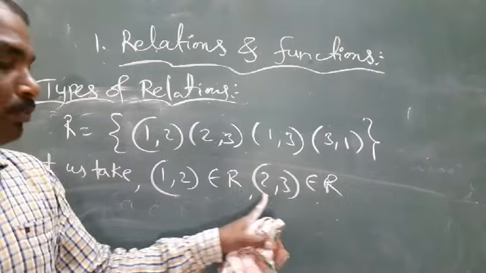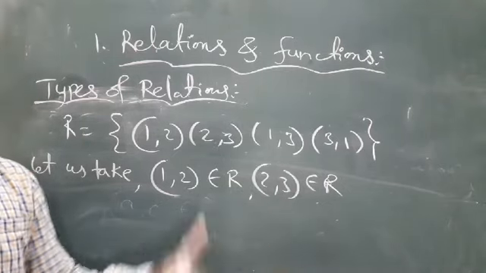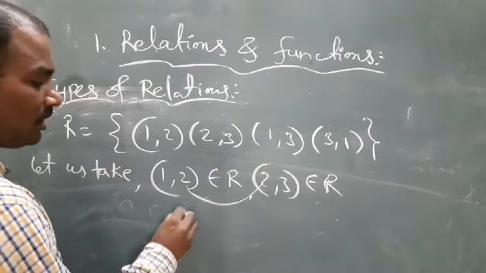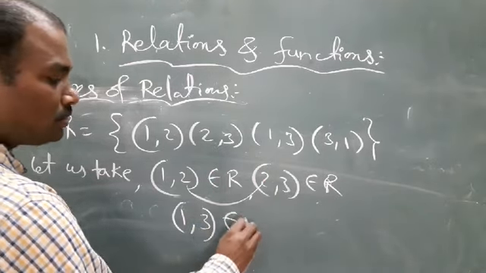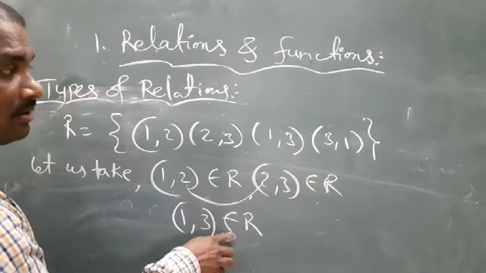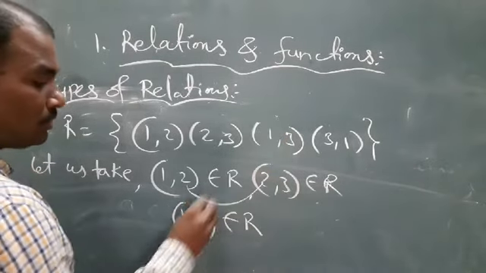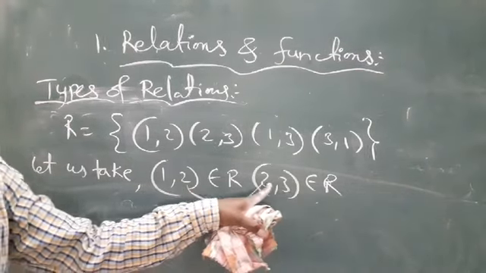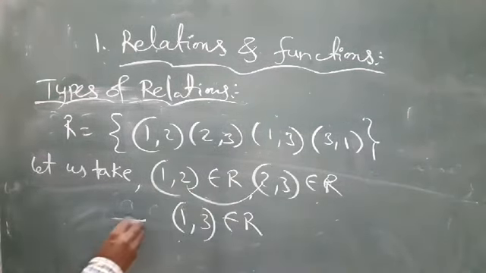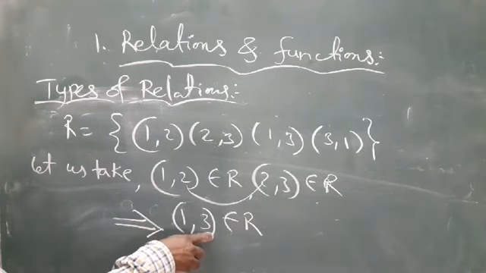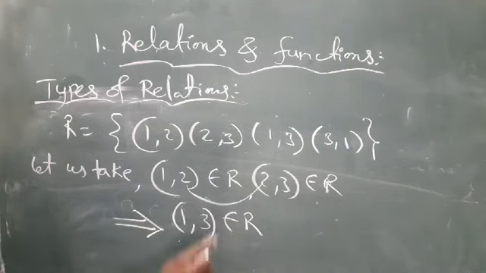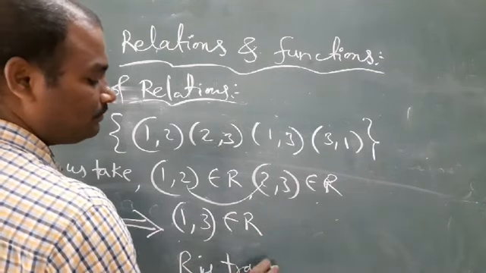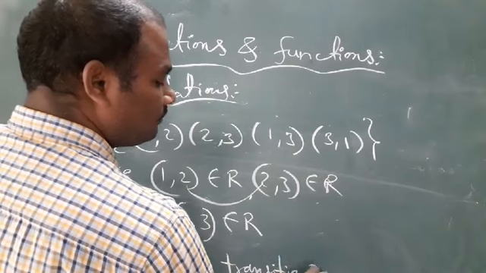You can take two pairs: (1, 2) belongs to R, (2, 3) belongs to R. Now leaving these two, what did we get? (1, 3) belongs to R. Is it in the set or not? Yes, it is in the set. So we take (1, 2) belongs to R, (2, 3) belongs to R, then automatically what have we proved? (1, 3) belongs to R. So R is a transitive relation.